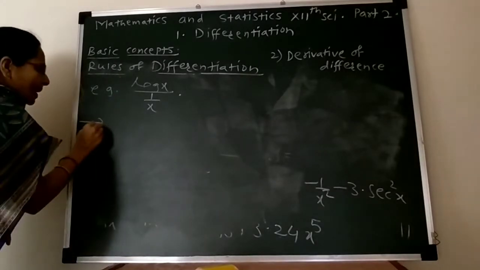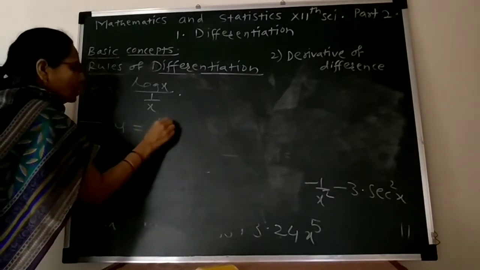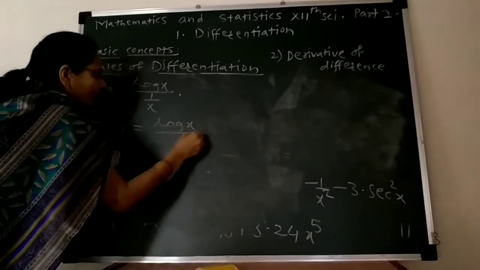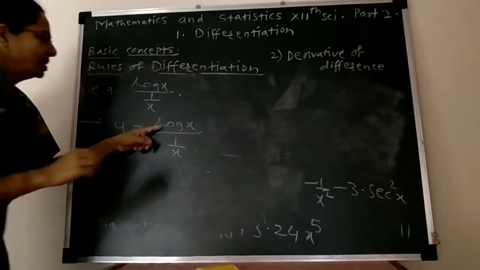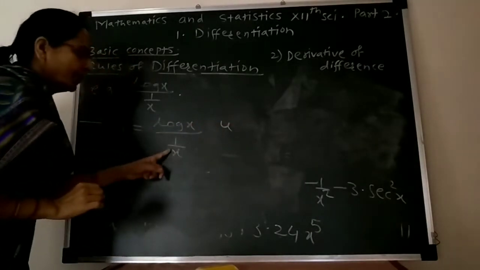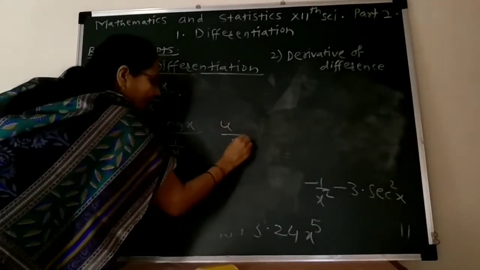Write this as y is equal to log x upon 1 upon x. In this case, log x is u, 1 upon x is v.